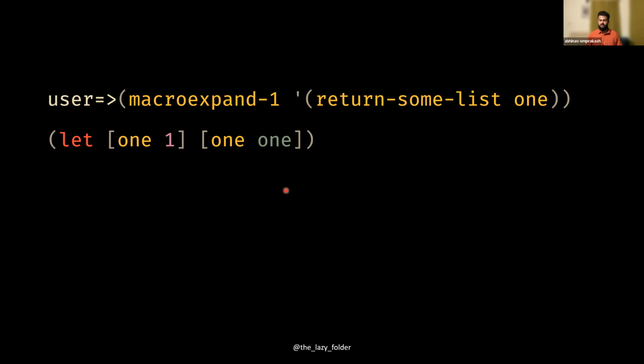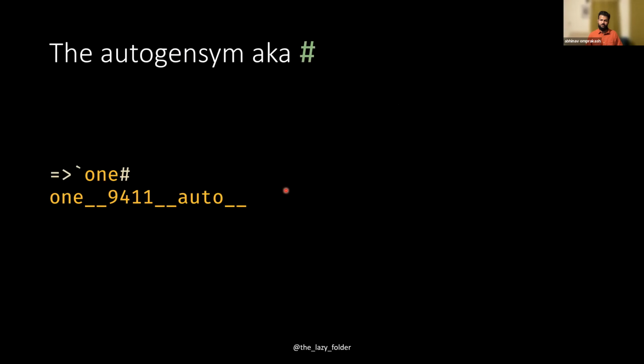So how do we prevent this from happening? And there's a tool for this. It's called the auto gensym. And this guarantees that the symbol generated is unique. This is a promise Clojure gives. But the interesting thing to note is there's a syntax quote here. You can't use it without the syntax quote.